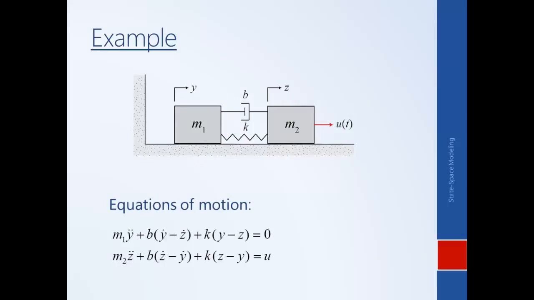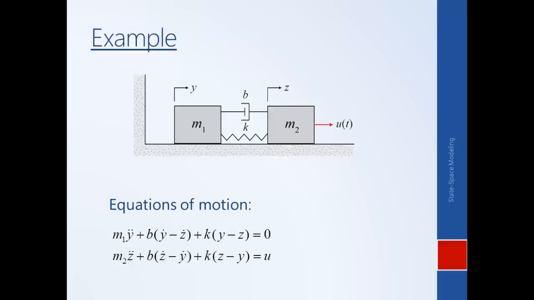So let's consider this example. It's a little mass spring damper example. These are the equations of motion. We know how to derive those equations of motion. We could do it by drawing the free body diagrams for each of those two masses, using Newton's second law to write the equation of motion for each of the two masses, and this is what we arrive at.